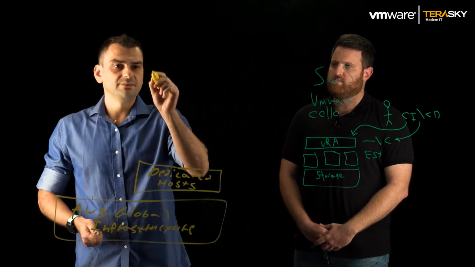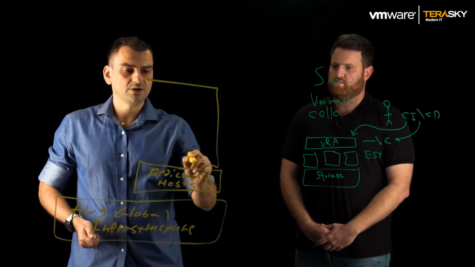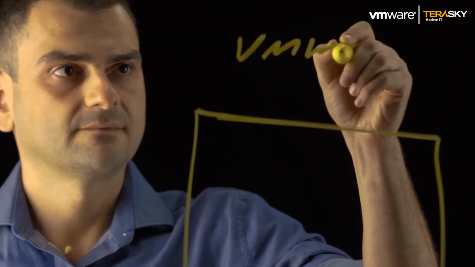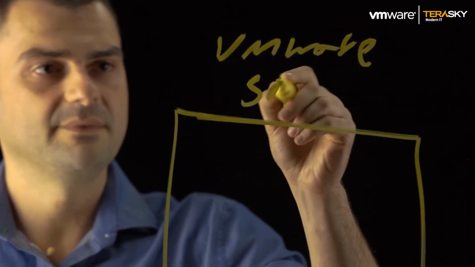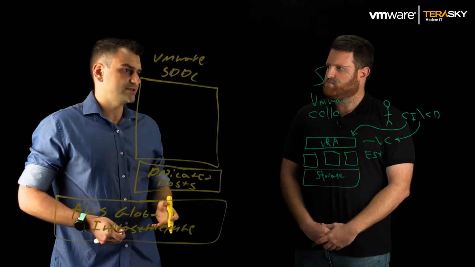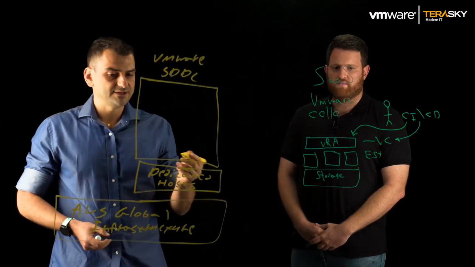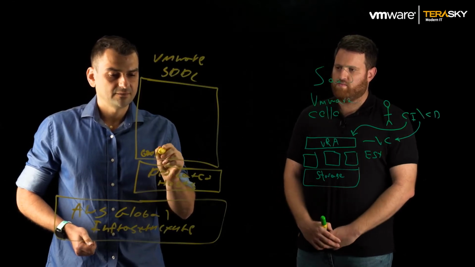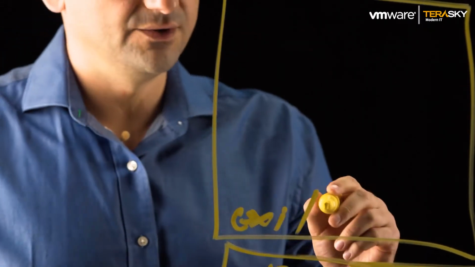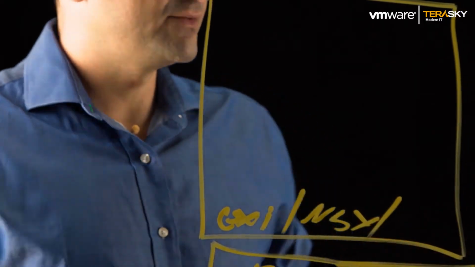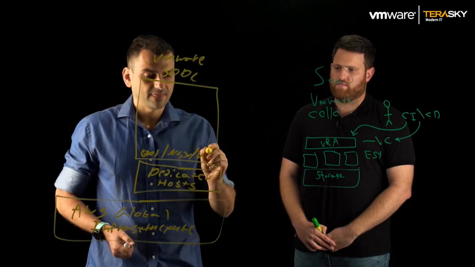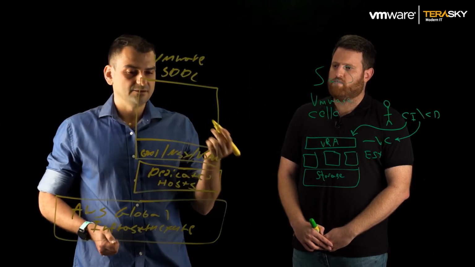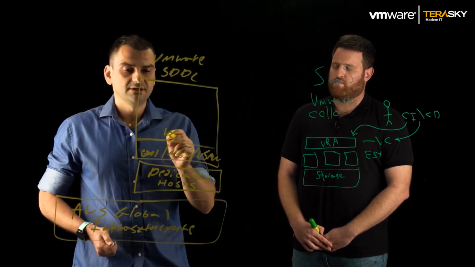And on top of that, we're building the VMware SDDC stack. So basically, the same building blocks and technology which customers know and use on-prem, such as the vSphere hypervisor running ESXi, the software-defined networking and security of NSX, and the software-defined storage of vSAN. All of that is managed through vCenter.